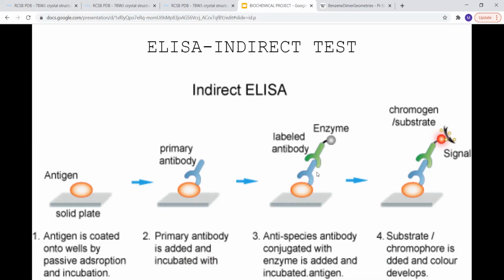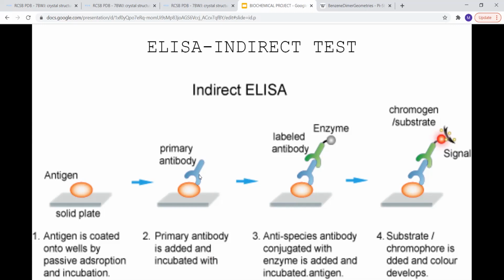The indirect ELISA is suitable for determining a total antibody concentration in samples, or if there are antibodies. To do an indirect ELISA, first a microtiter well is coated with an antigen. A coating buffer is added to help bind the antigens to the well, so they cannot be removed.